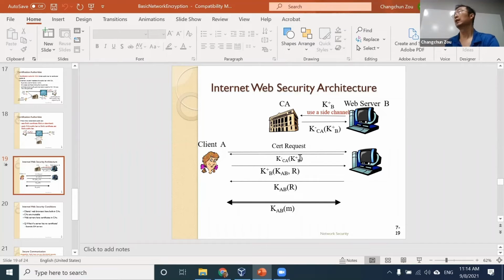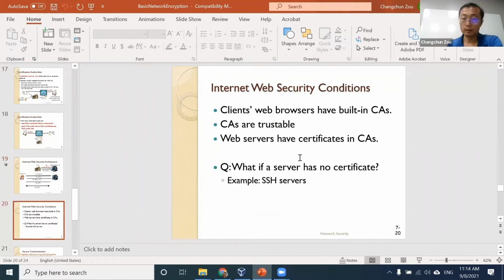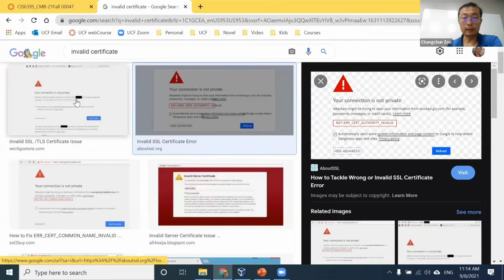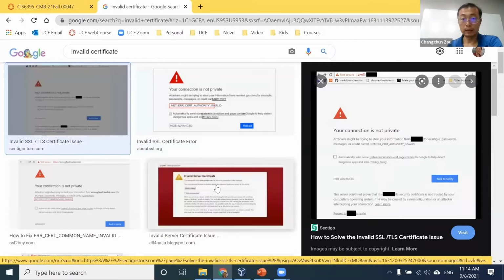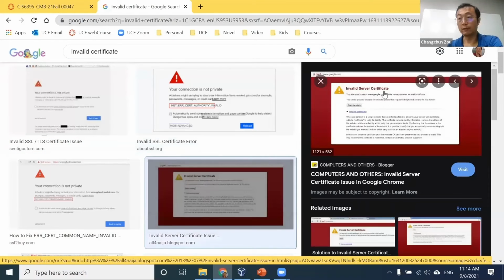You have to assume that this is a valid public key, and that the web server you connected to is a real web server, not a fake web server, because you cannot verify its identity. So some browsers will give this kind of warning, like invalid server certificate.